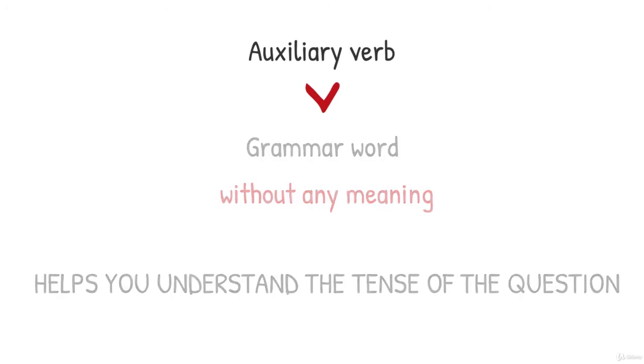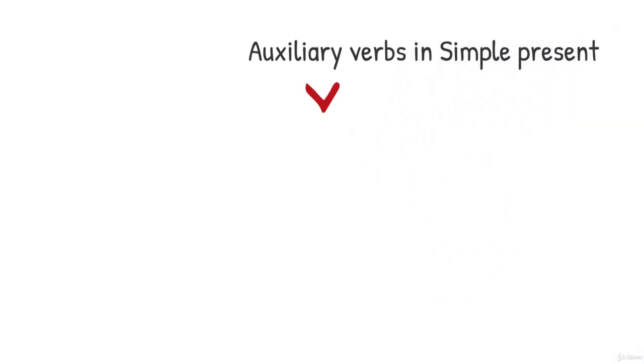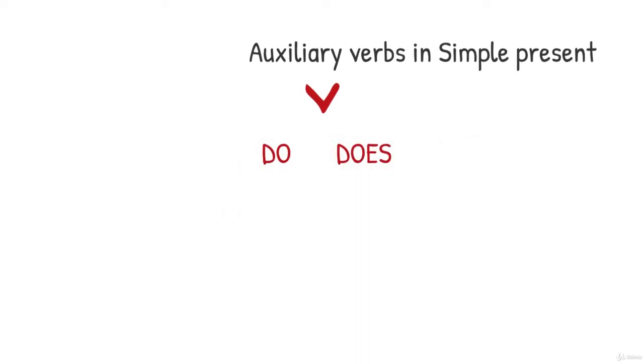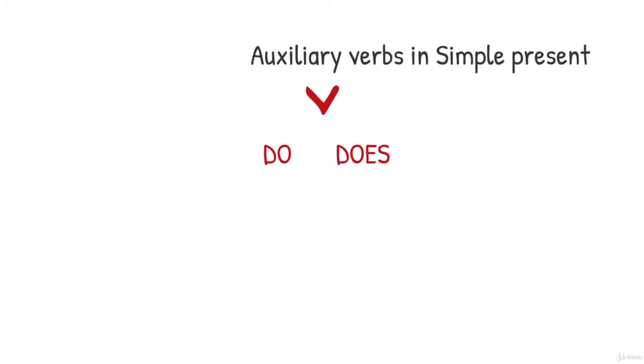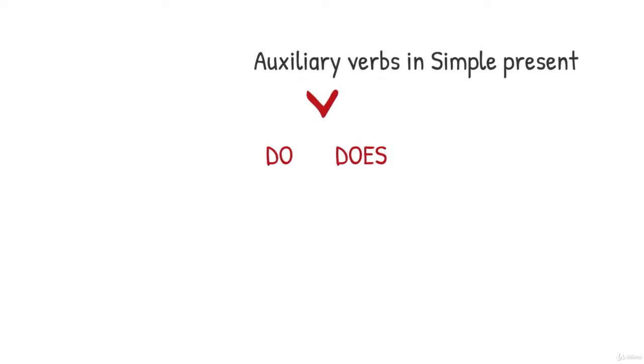Now you know that simple present has two auxiliary verbs, do and does. They indicate simple present tense. So whenever you see do or does in the question before the subject, you know that this sentence is in simple present tense.